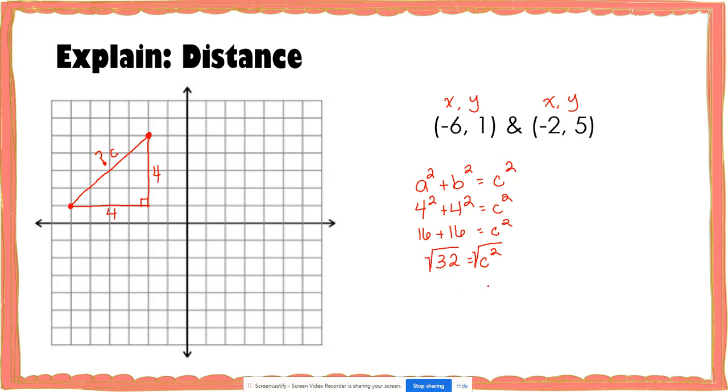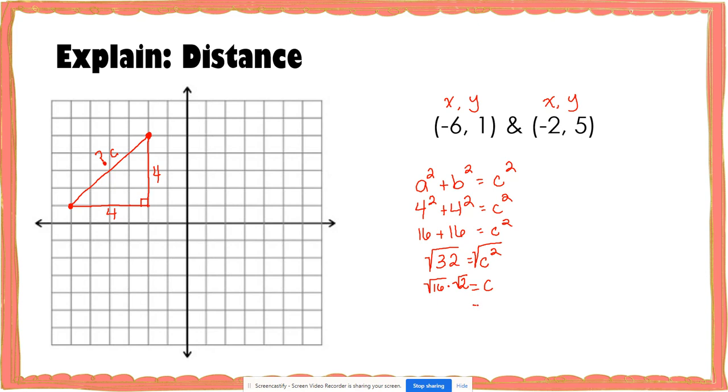root of both sides. The square root of c squared is c, and if I needed an exact answer for this, then I would want to simplify it because I know that 32 is not a perfect square. The greatest factor of 32 that is a perfect square is 16, so I could rewrite it as the square root of 16 times the square root of 2, because 16 times 2 gives me 32.